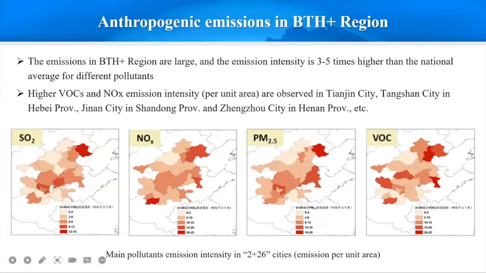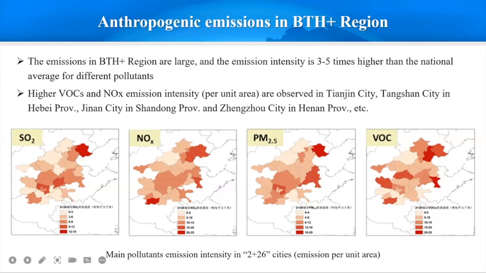And talking about the anthropogenic emissions in the BTH region, this shows the emissions in the BTH region are still large, and the emission intensity is about 3 to 5 times higher than the national average for different pollutants. For example, SO2, NOx, PM2.5, and VOC.